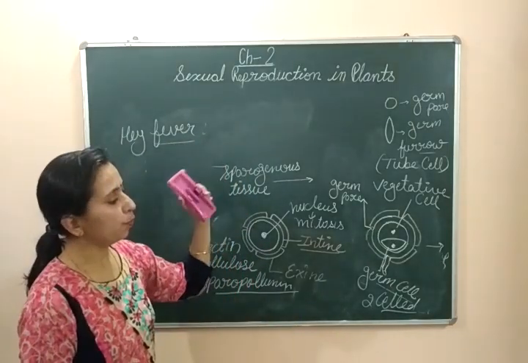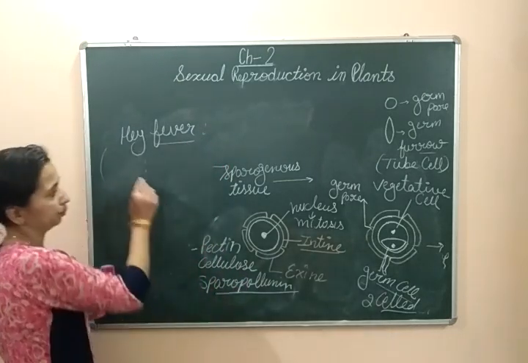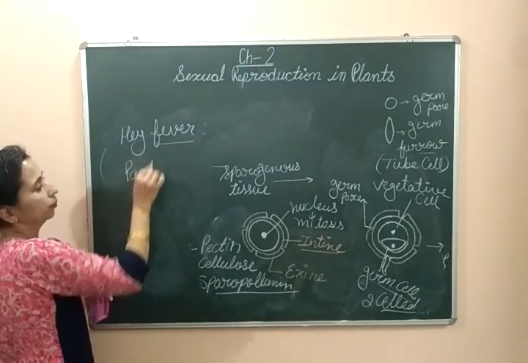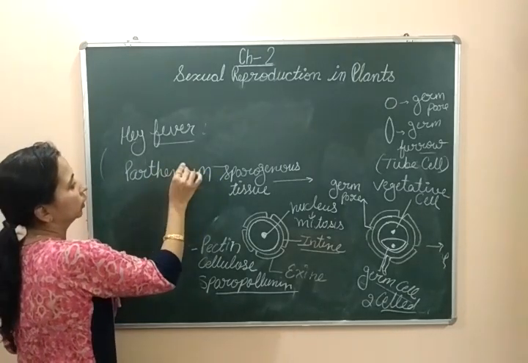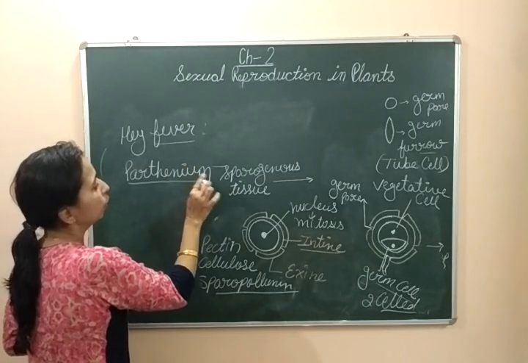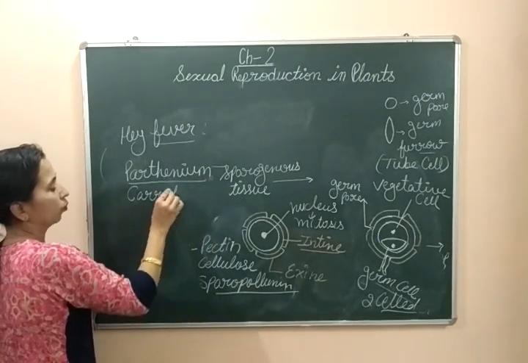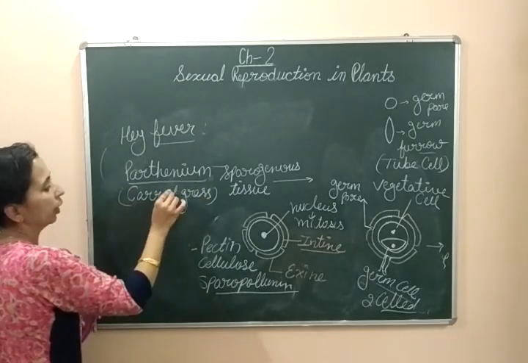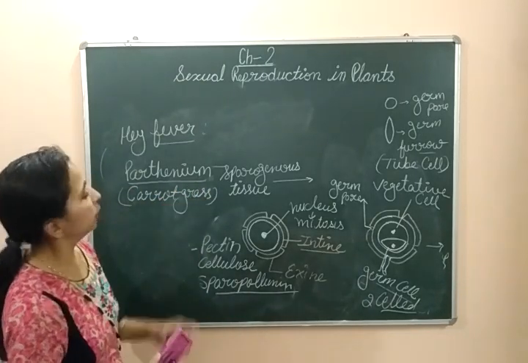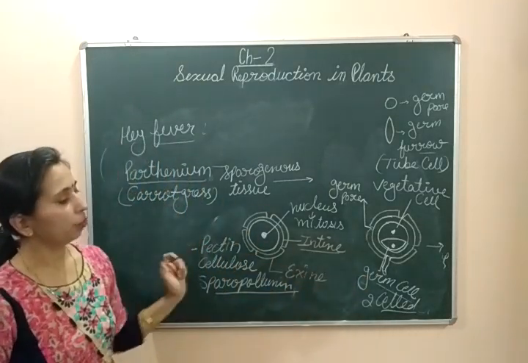A special example of such allergic pollen grains is Parthenium, also known as carrot grass. It has pollen grains which create allergy in lots of people. This is the structure of pollen grains.